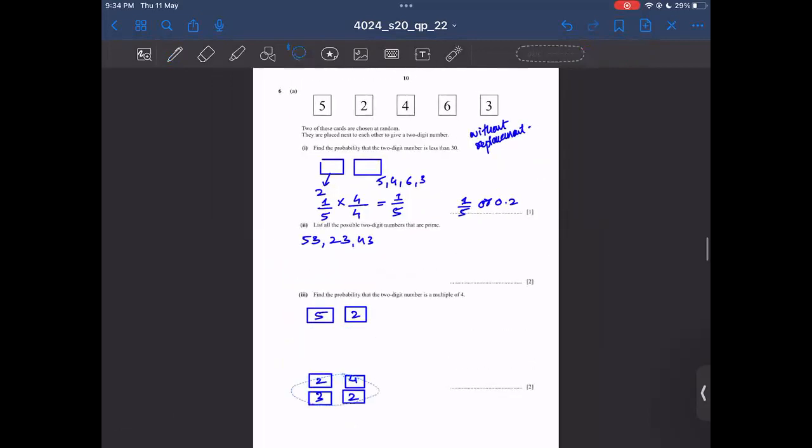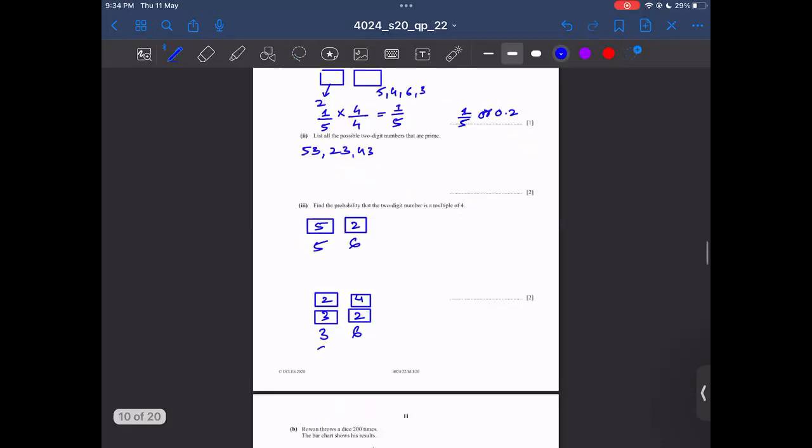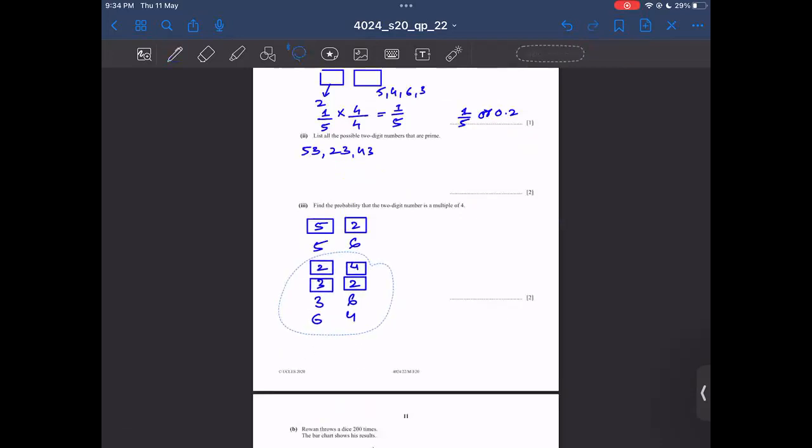Let's just write it down. 56 is a multiple of 4. We have 5 and 6, right? We can have 52. We have 24, 32. We have 36 as well. I'm just writing out 36. And we can have 64 as well. So these are all the outcomes that are the multiple of 4, the two-digit numbers that are multiple of 4.